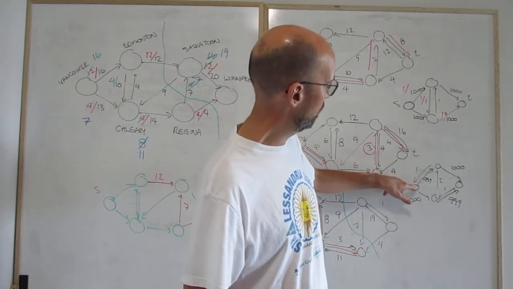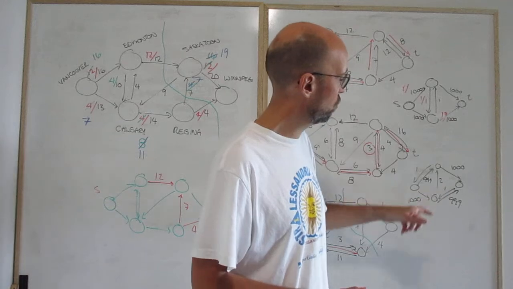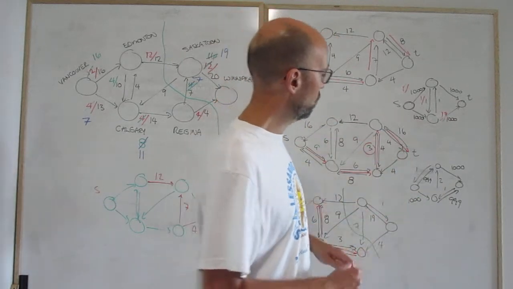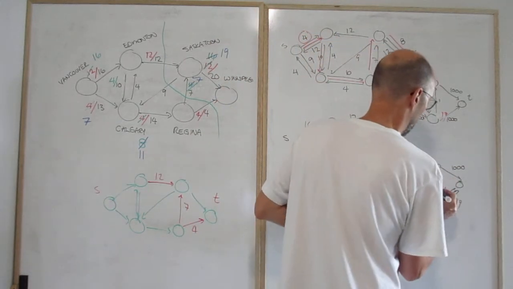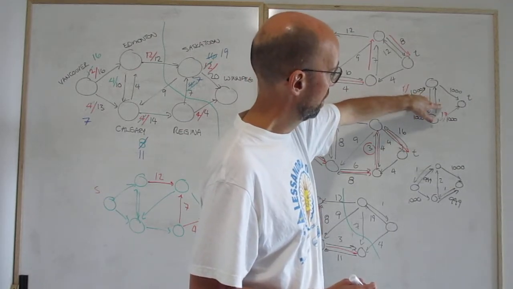But if you choose the wrong path, you can go here, here, and then it's 2. What you're doing is flipping this to 0 and increasing this to 1.